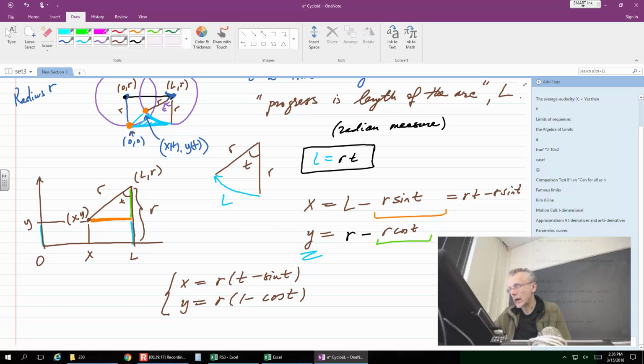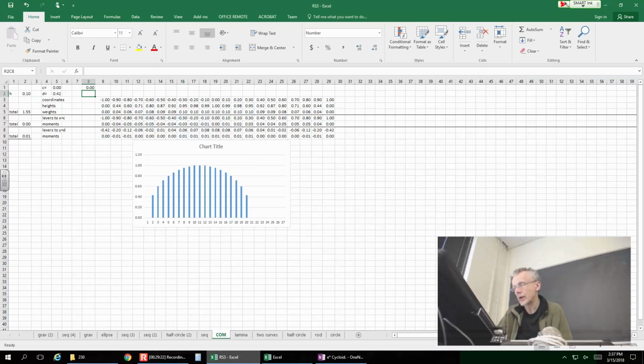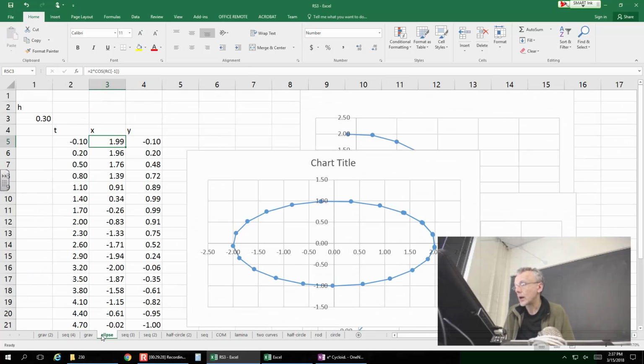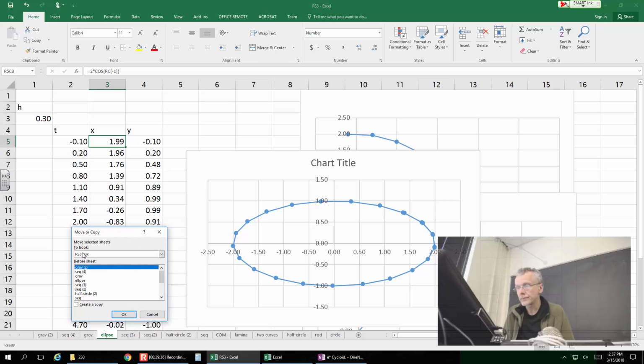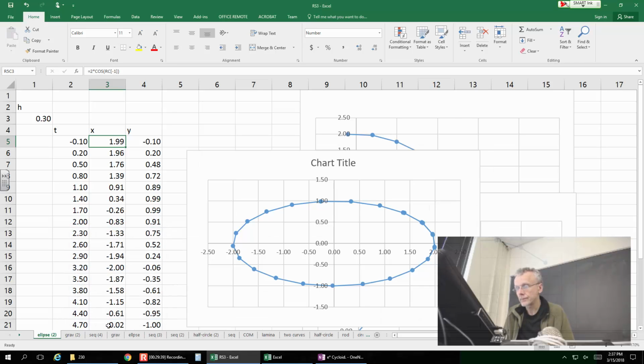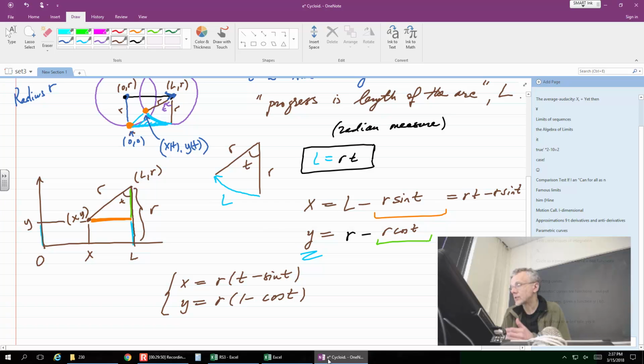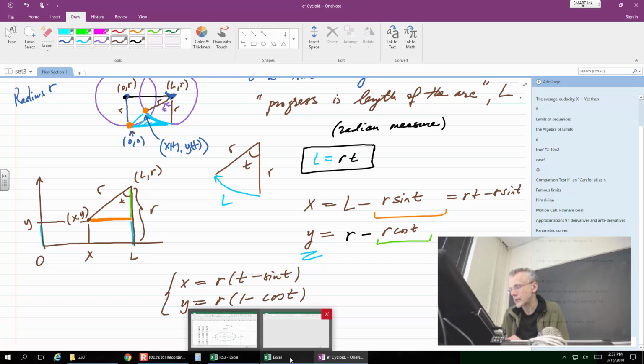Okay, let me quickly carry out the, let's just plot it. It's probably always a good idea to start with the plotting rather than with any kind of analysis. Okay, so I think I can use this one. So this one will be cycloid. The formula is there. So where is my x? X is r times t minus sine t. Let's say r equal to 1 just to make our life easier.